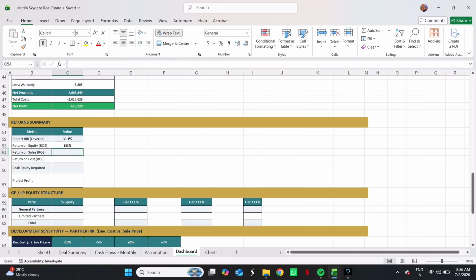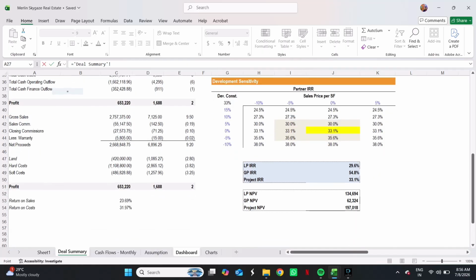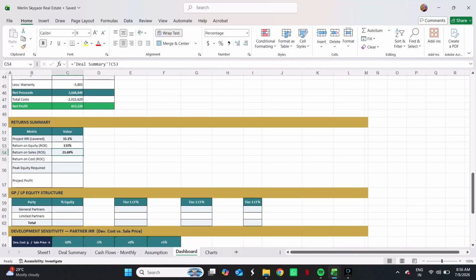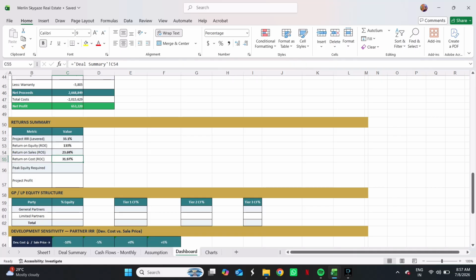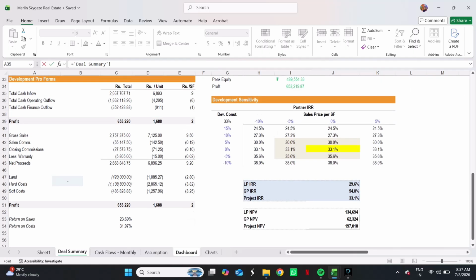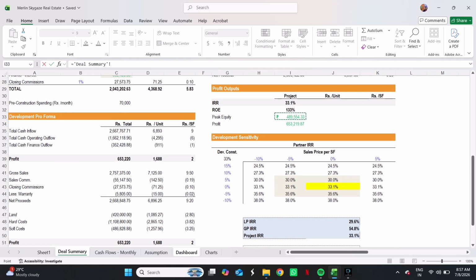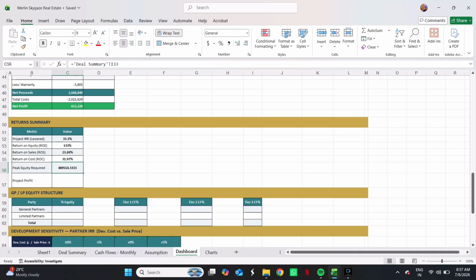Next is return on sale, which is 26.39. Then peak equity required, or total equity contributed by the total partners, two partners, general partner and limited partner. And last is total profit.